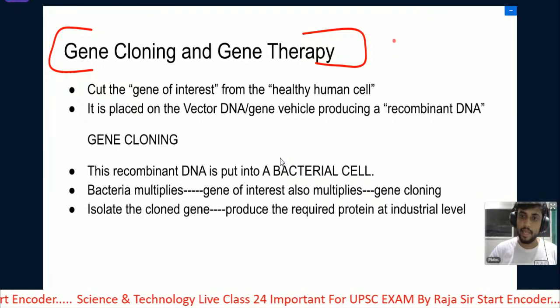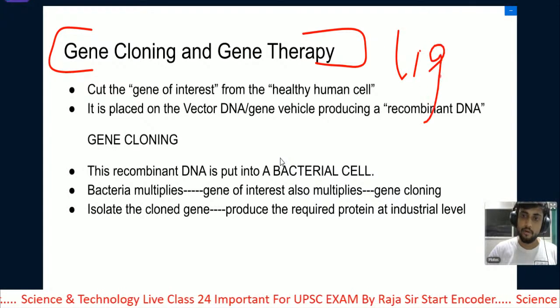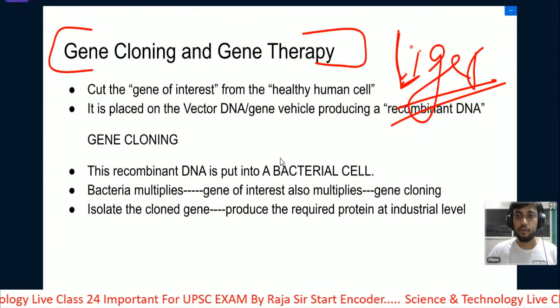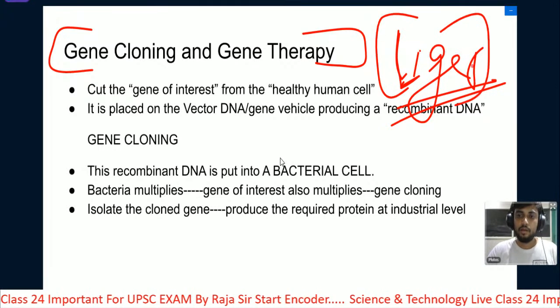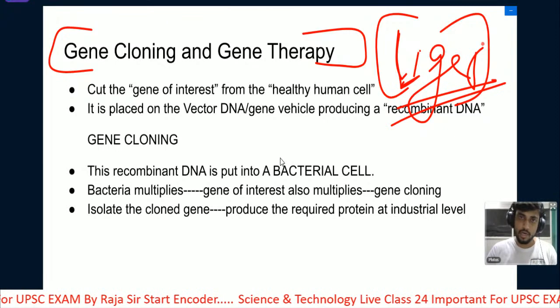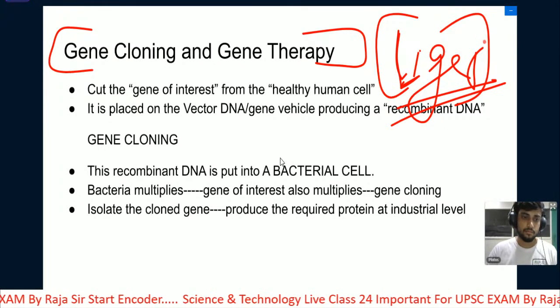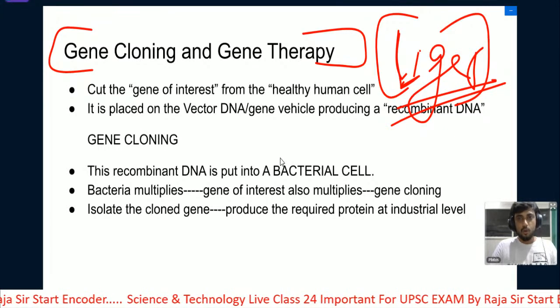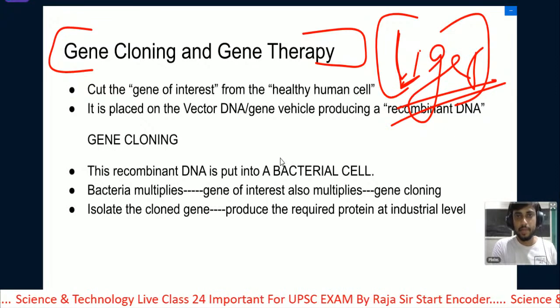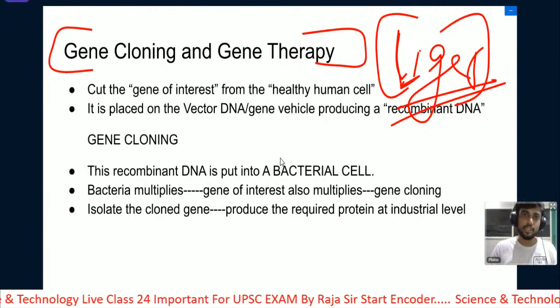We have produced the liger, by interbreeding tigers and lions. But all these processes are banned in humans. Humans can't do it. And this is the cloning basically of the bacterial DNA. We are replicating the bacterial DNA. There are no ethical issues with it.